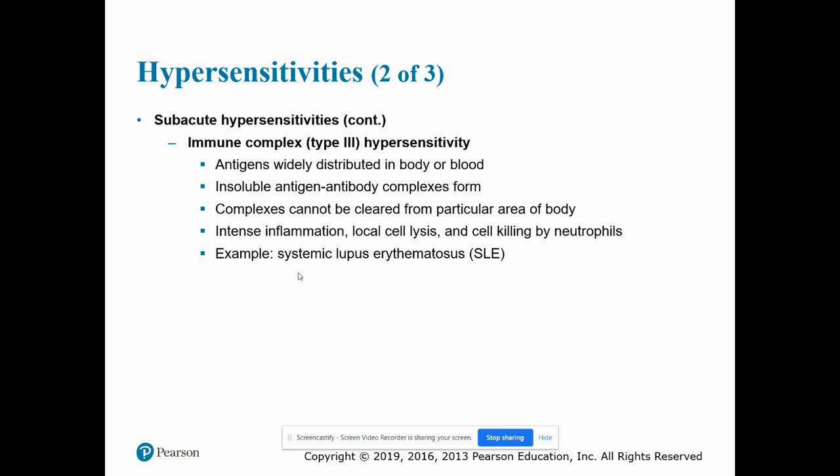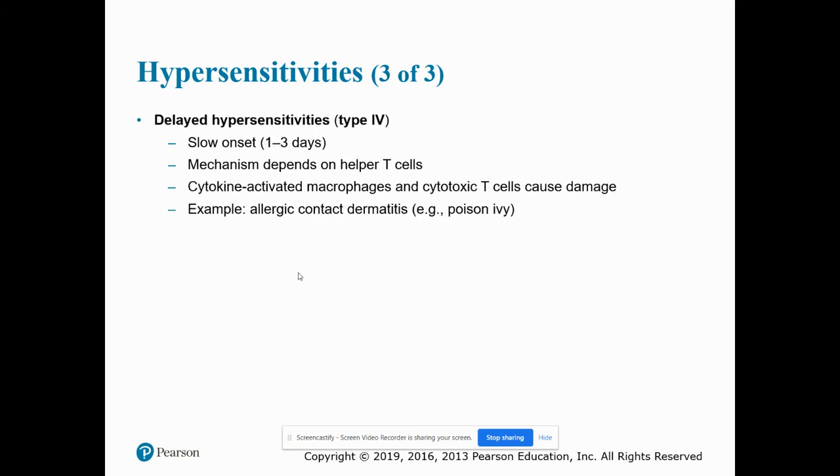An example of this is SLE. And then finally, we have delayed hypersensitivities or type 4, slow onset. The mechanism depends on helper T cells. And then we have cytokine-activated macrophages, and cytotoxic T cells cause the damage. An example is allergic contact dermatitis, like you get whenever you're exposed to poison ivy.